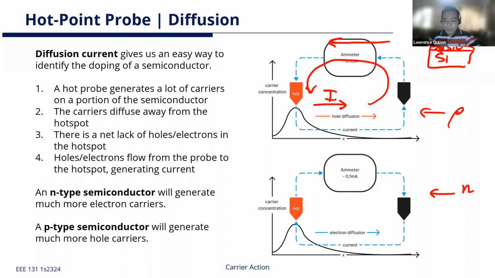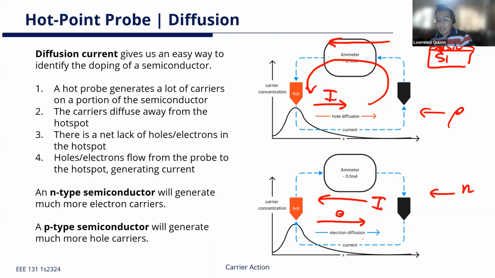Likewise, if it's an n-type semiconductor, the electrons will increase because of the hot probe, right? So electron diffusion will go this way. So what's the direction of the current? It will go opposite to the electrons, because electrons are negatively charged, right?